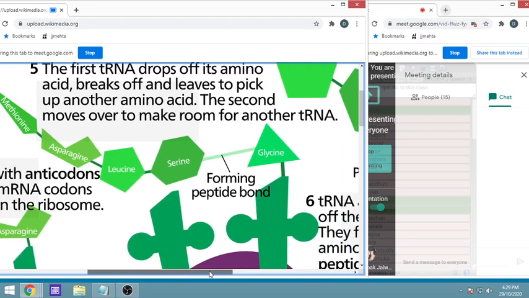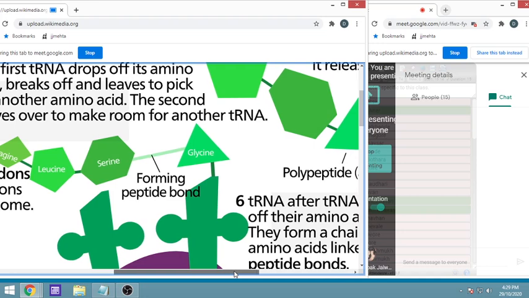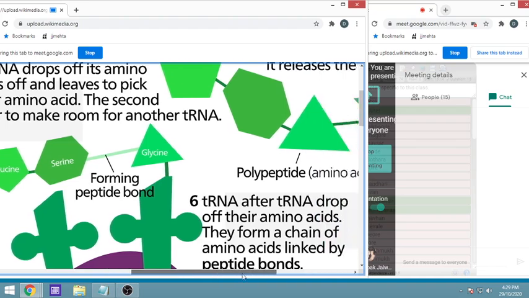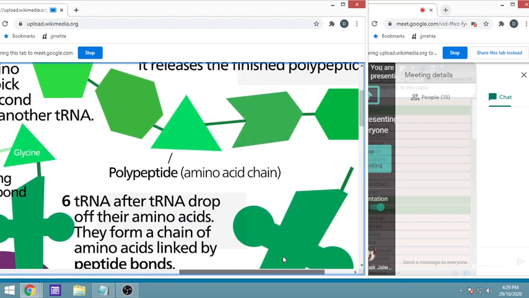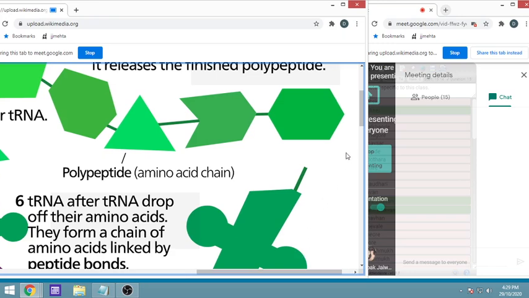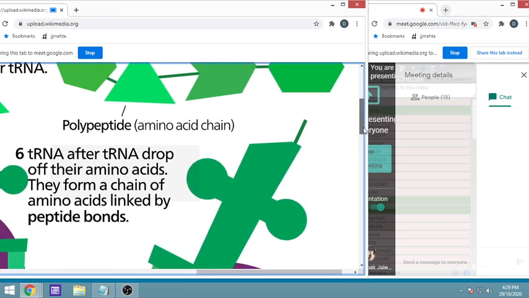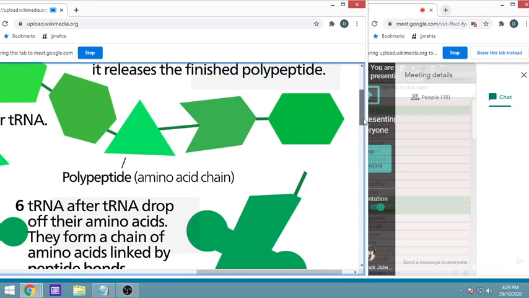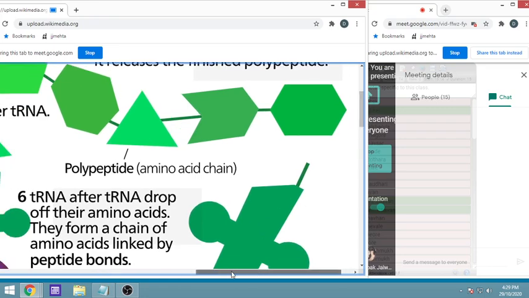At the end, when there will be the last one, that is a stop codon, at that time this will be stopped, and this amino acid chain, this protein structure, the complete polypeptide or amino acid chain, will be removed.